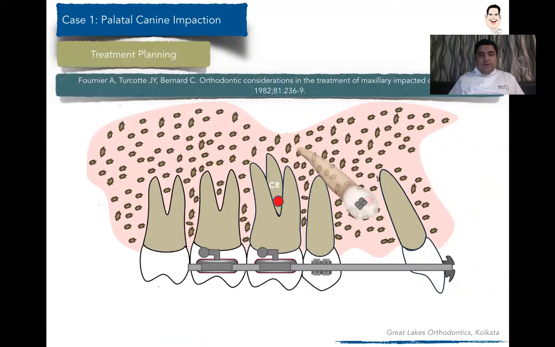Then we would follow these considerations by Fournier, who clearly stated the considerations that need to be taken care of for impacted canines, bony as well as soft tissue considerations. And once we are accustomed with it, we go ahead with the procedures.